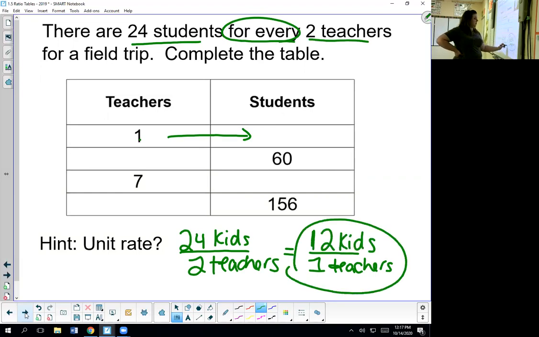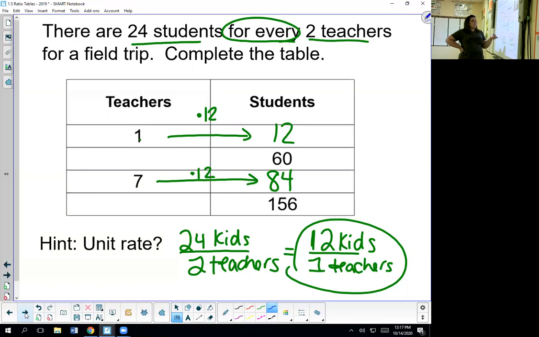That's the unit rate, by the way. So 1 teacher would be 12. So really, going this way, I'm multiplying by 12. To get this answer here, I would multiply by 12. 7 teachers times 12 would give me 84 kids.